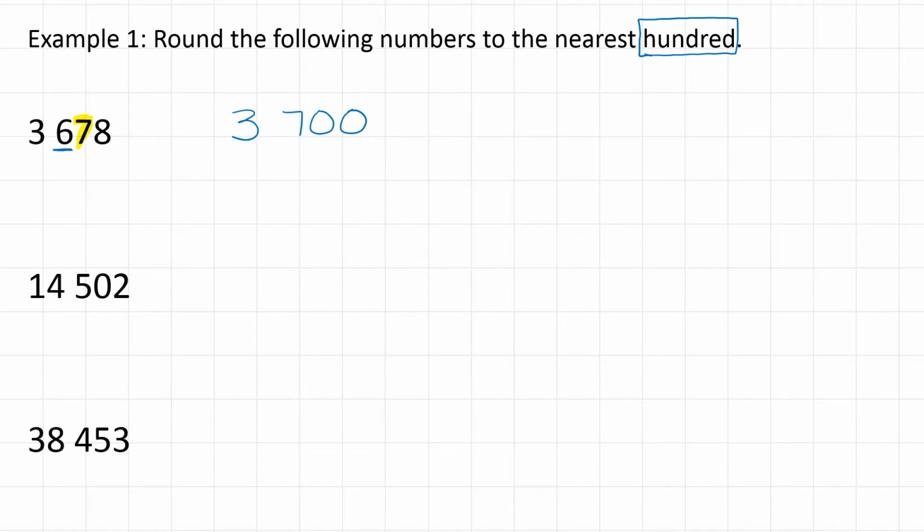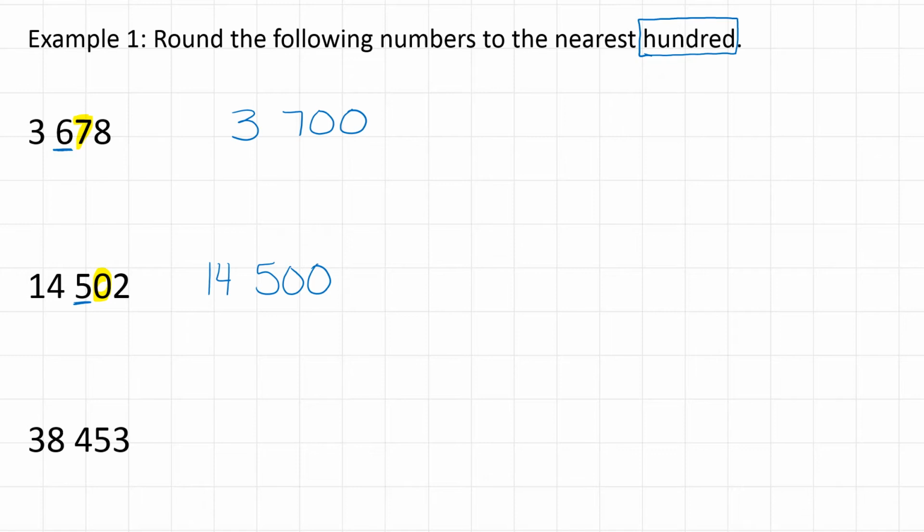Let's look at the next example. We've got 14,502. So I'm going to underline the hundreds place. And I'm going to move over and look at the numeral to the right, which is a 0. And our first bullet in the last slide said, if it's less than 5, then our number in the hundreds place stays the same. So our answer here is going to be 14,500. So notice that we didn't round the hundreds place down, it stayed the same. Okay? Let's look at the last example on this slide.